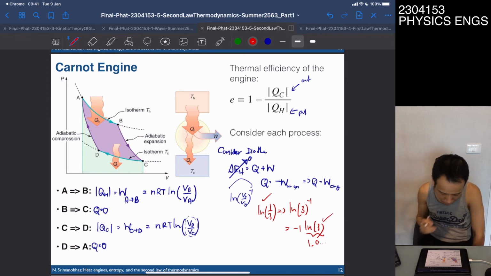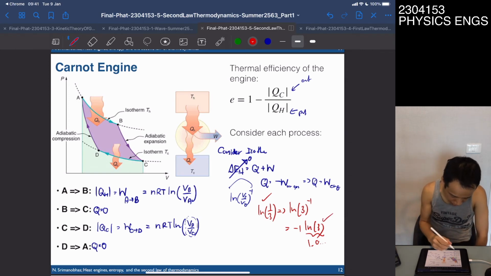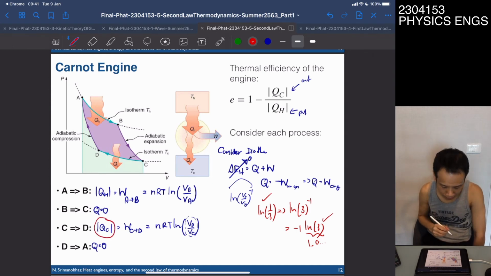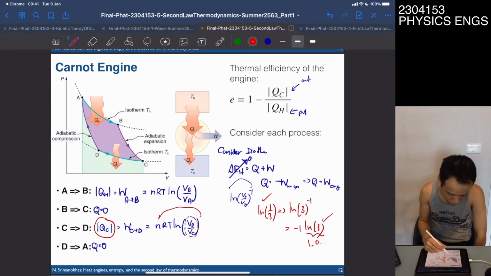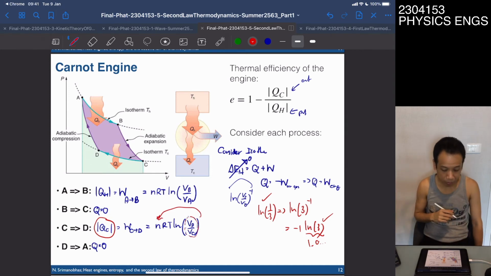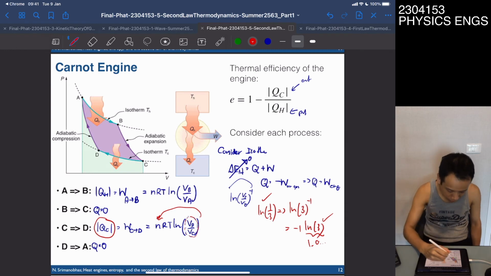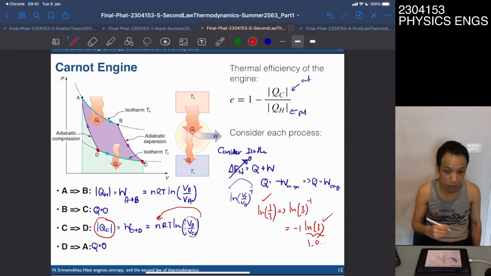It's the same. However, in this situation, we consider it in the absolute way, so we can take the -1 out. Why does it have the minus here? Because basically you move from the large volume to the small volume.